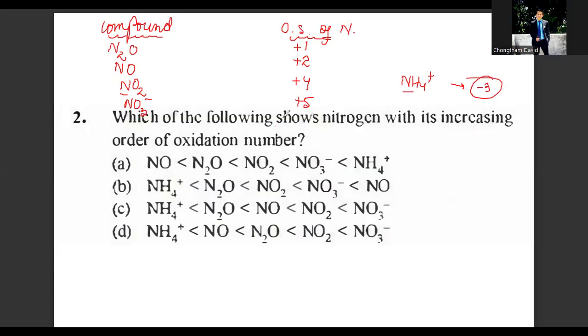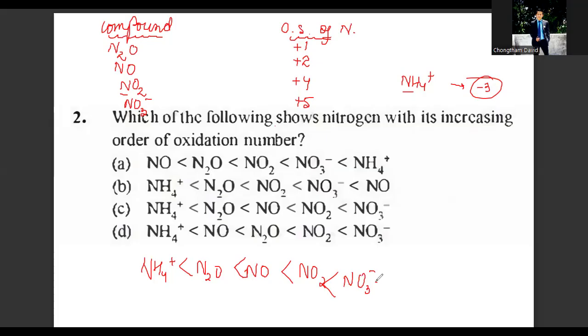So looking at these oxidation states, the order of oxidation state of nitrogen follows ammonium, then nitrous oxide, right? Then individually you can keep on comparing nitric oxide, nitrogen dioxide, and NO3 minus. Nitrogen is a pnictogen.